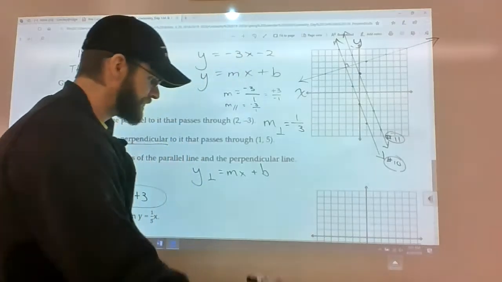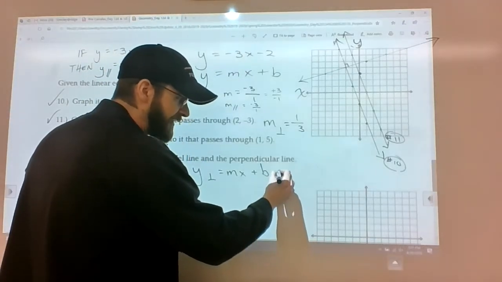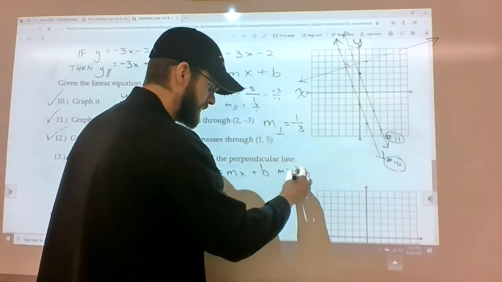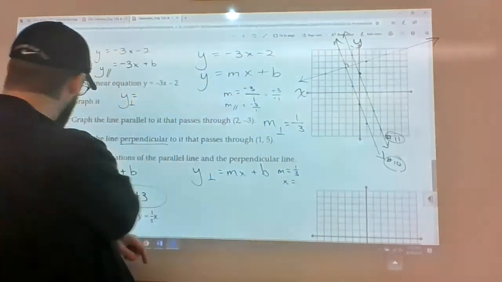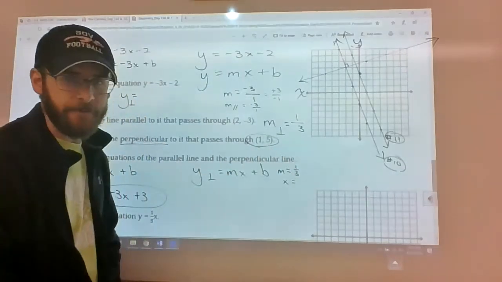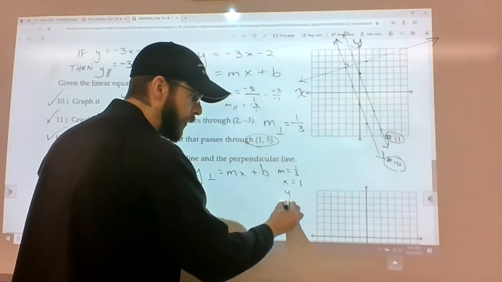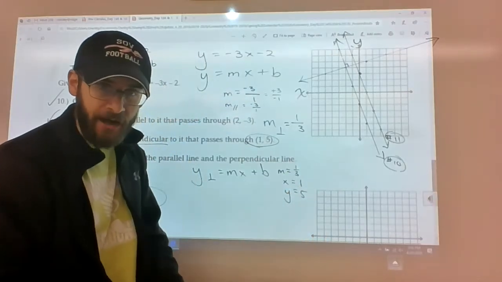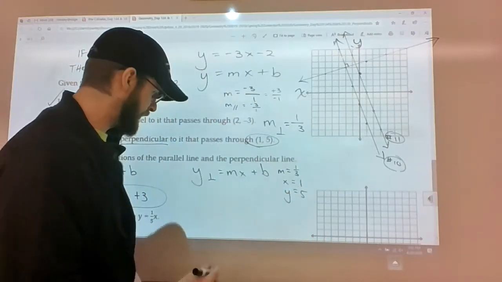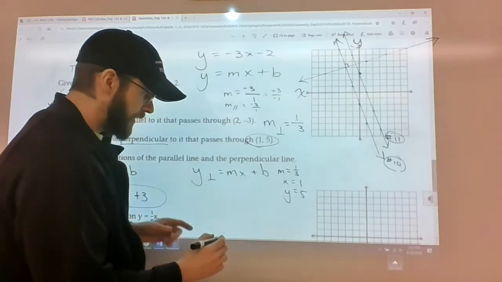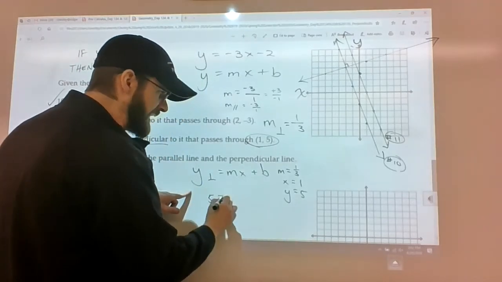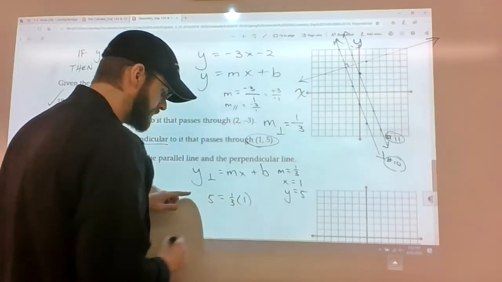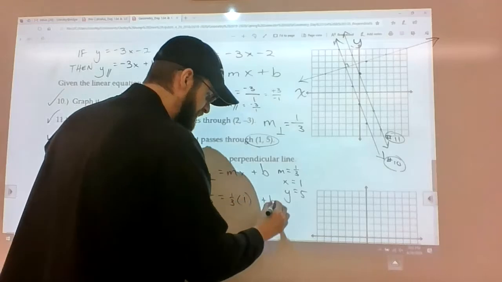You can say, I've got m. M was 1/3. I've got x. We know it went through 1, 5. I've got y. I can find the b value using the algebra that I did on the very first example we had. So, 5 equals 1/3 times 1 plus b.